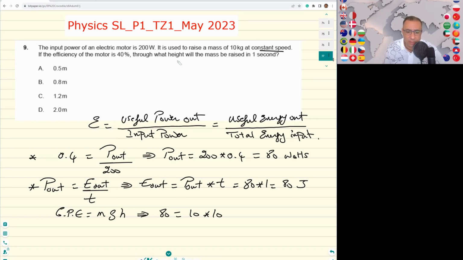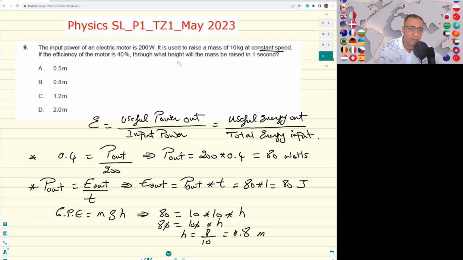And now we can solve for h, which is the height. So 80 is going to be 10 times 10, which is 100, multiplied by h, which means h is going to be, we can cancel the 0 with the 0 if you like, 8 over 10, which is 0.8 meters.